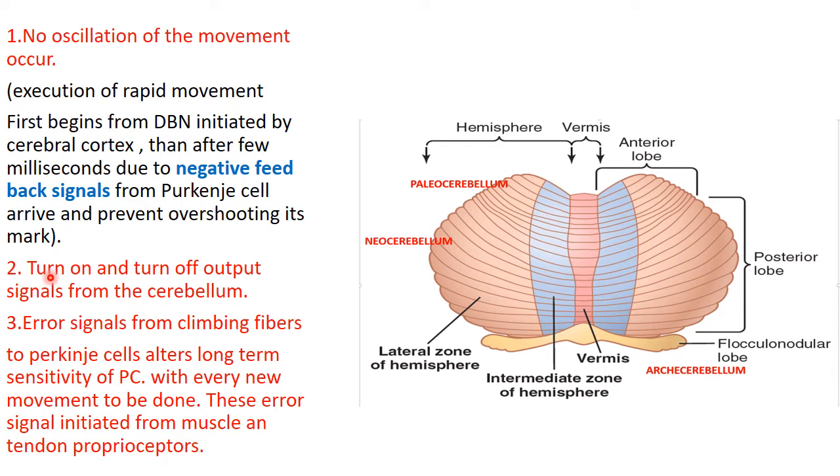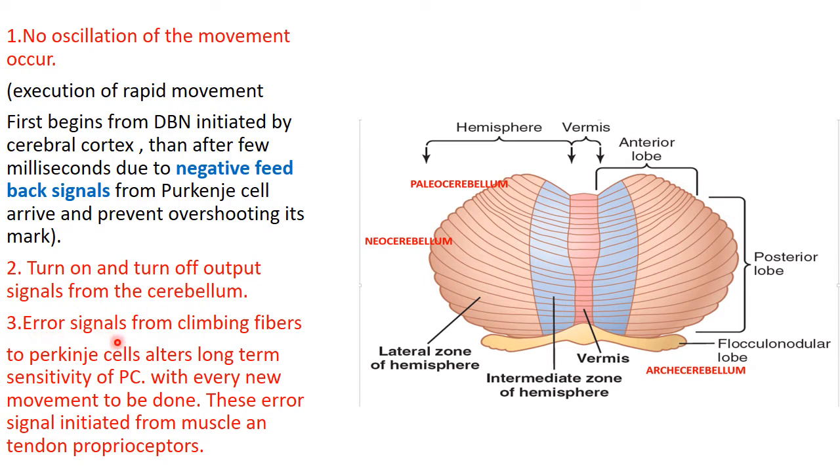The second most important function is turn on and turn off of output signals from the cerebellum. This means during ballistic movement, the agonist muscle turns on at the start of the movement, and at the end of the movement there is a turn off to the agonist muscle.